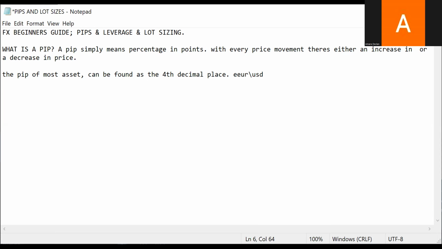For example, you have Euro USD, let's say Euro USD is at 1.01300. As you can see, we have about 1, 2, 3, 4 decimal places. Let's just quickly confirm that.